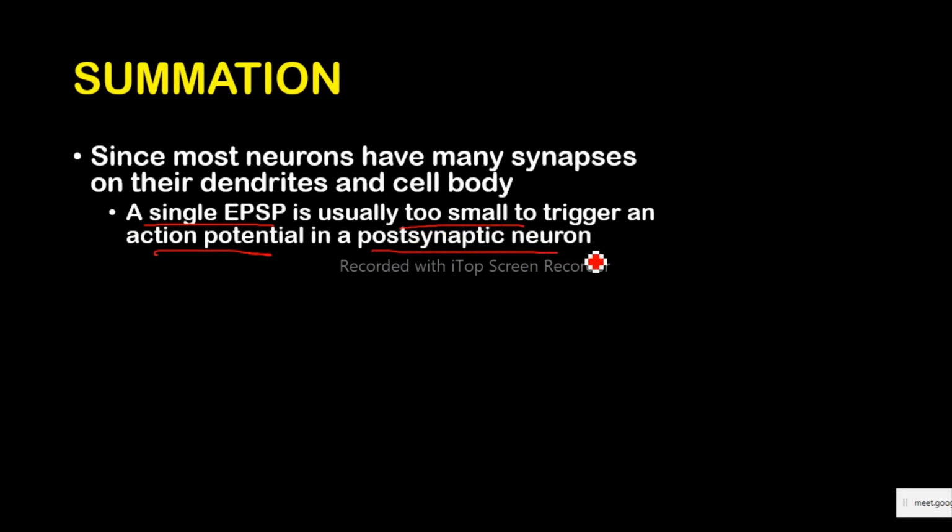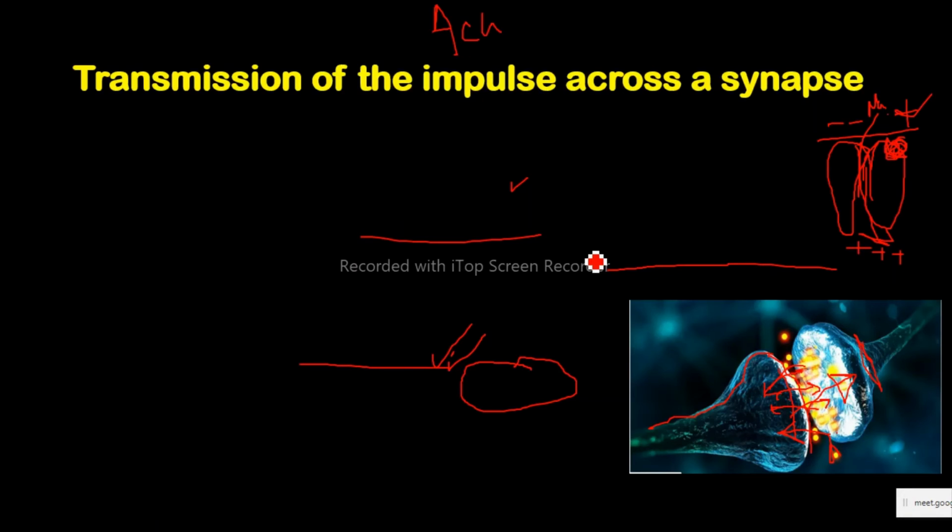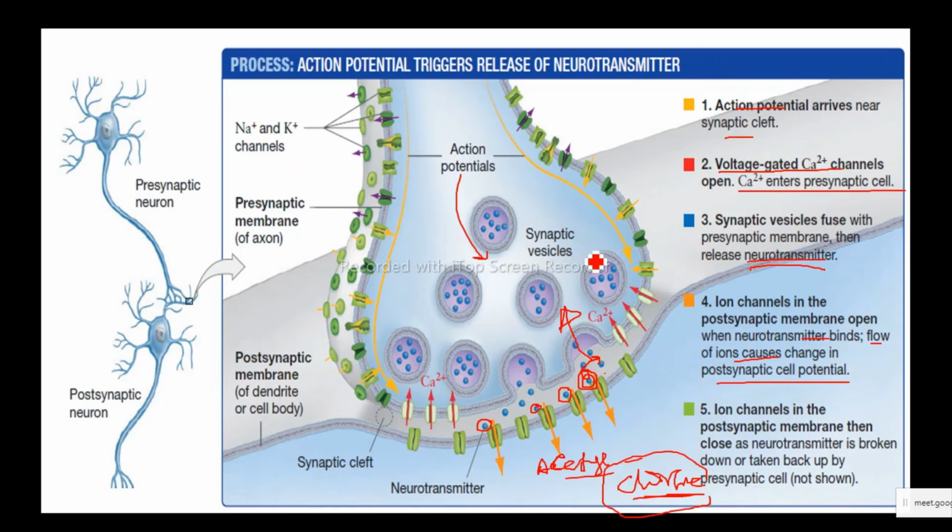That's what it means. What is built here is an excitatory postsynaptic potential. But a single one like this from just one synapse is usually not enough to form an action potential.